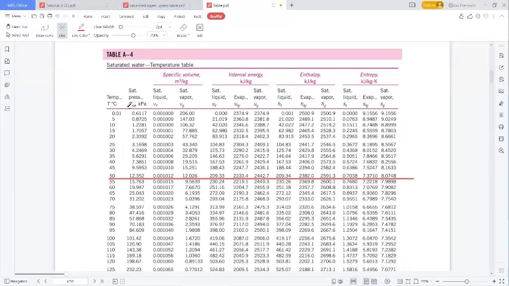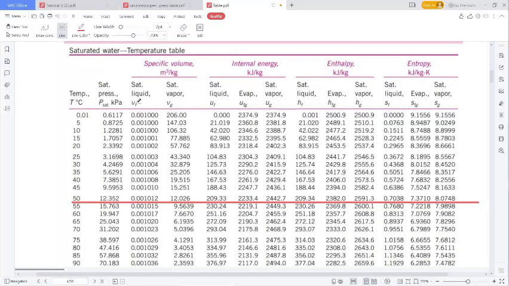In this table we have temperature in degrees C, saturated pressure in kPa, and saturated liquid denoted as Vf. F is for fluid, and Vg, G is for gas, so saturated vapor, Vg.